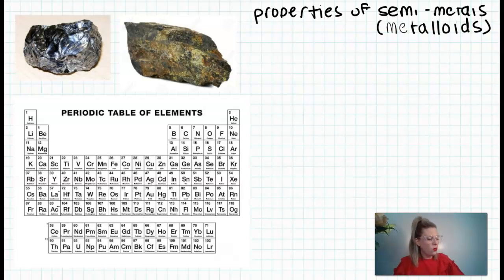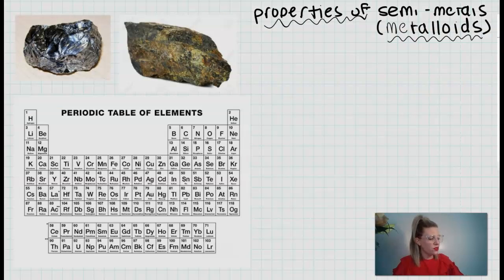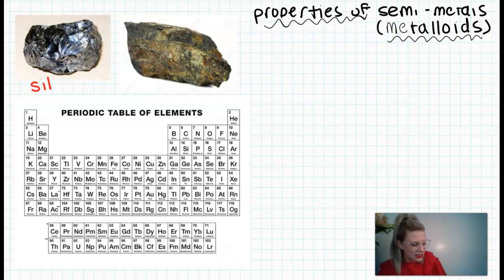Now with these properties of semimetals and metalloids, I did include two images here of two different examples. The first one that's a little bit more shiny is silicon, and the second example is astatine.